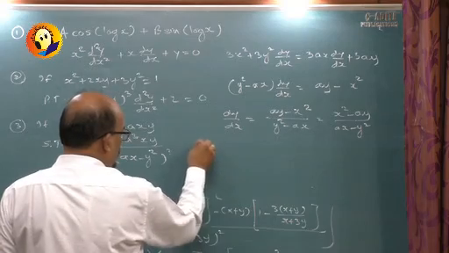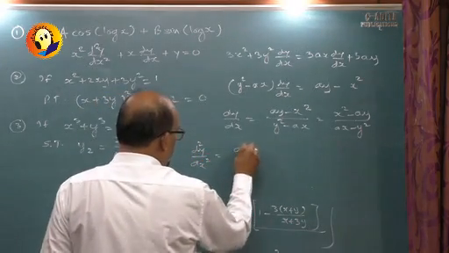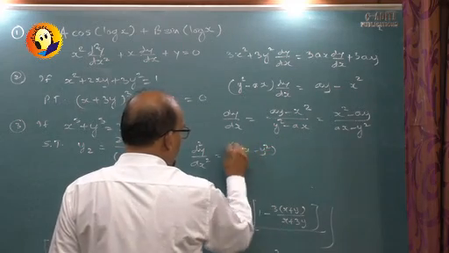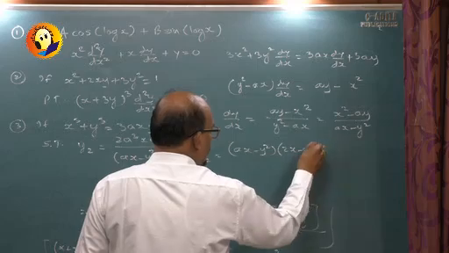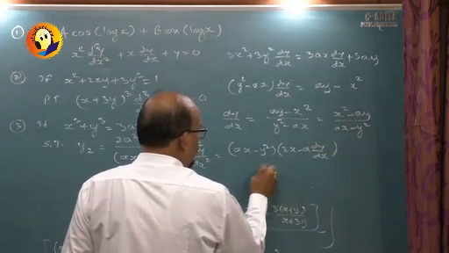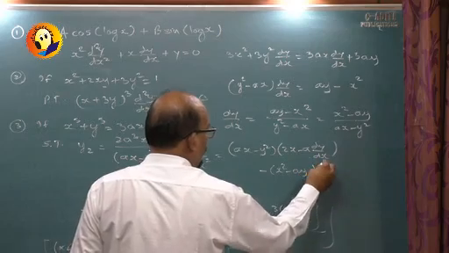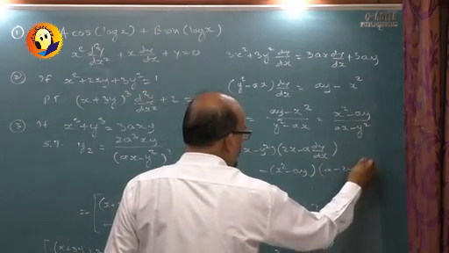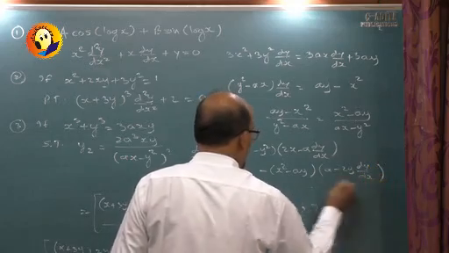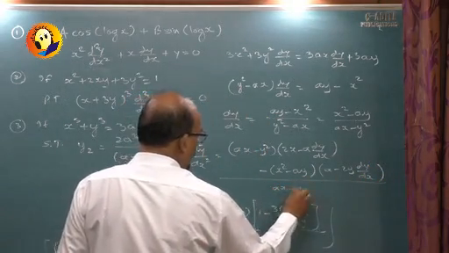So d2y by dx square will be v du, that is (2x minus a dy by dx), minus u dv, that is (a minus 2y dy by dx), whole thing upon v square.